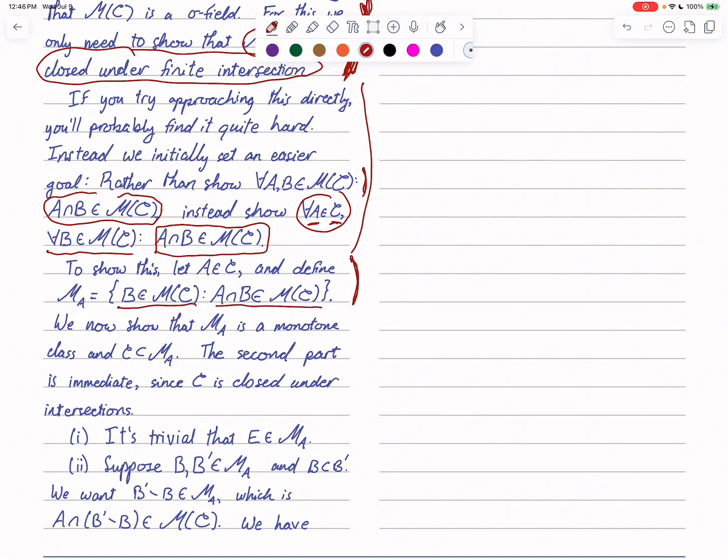And the idea here is that we would like to show that M sub A is a monotone class that contains the collection C, because then it would follow immediately. Let me write this part out.